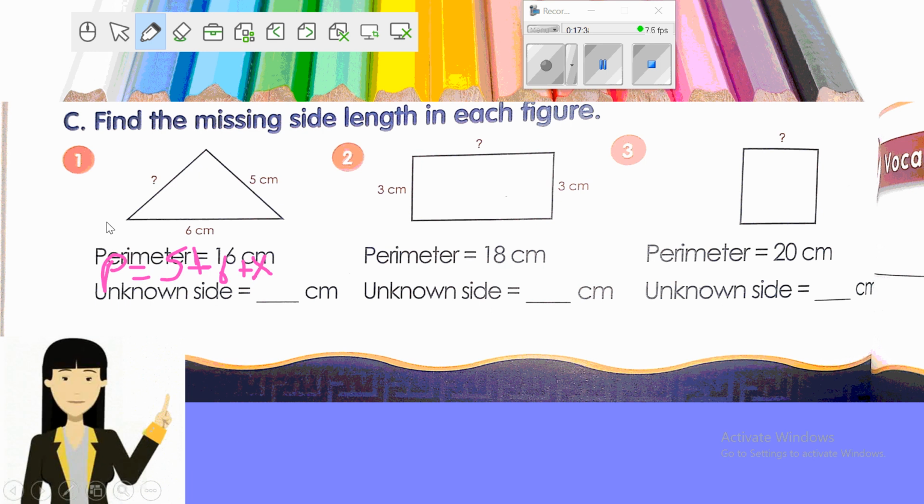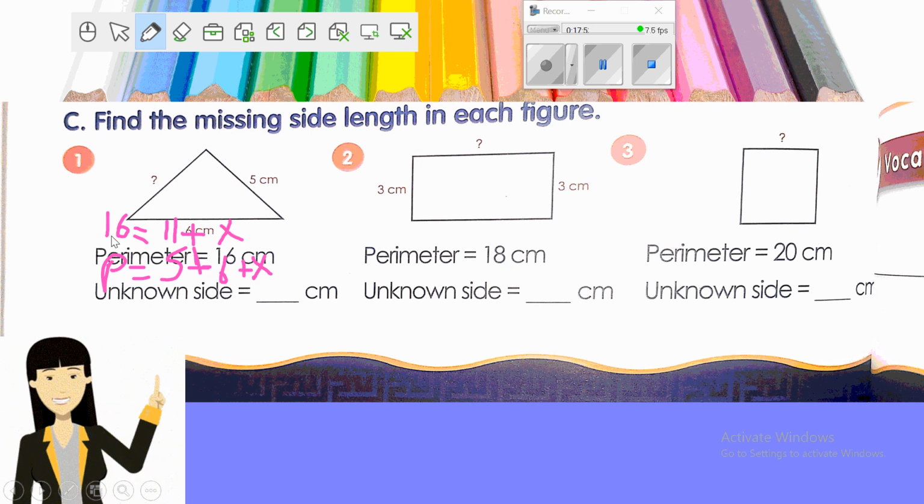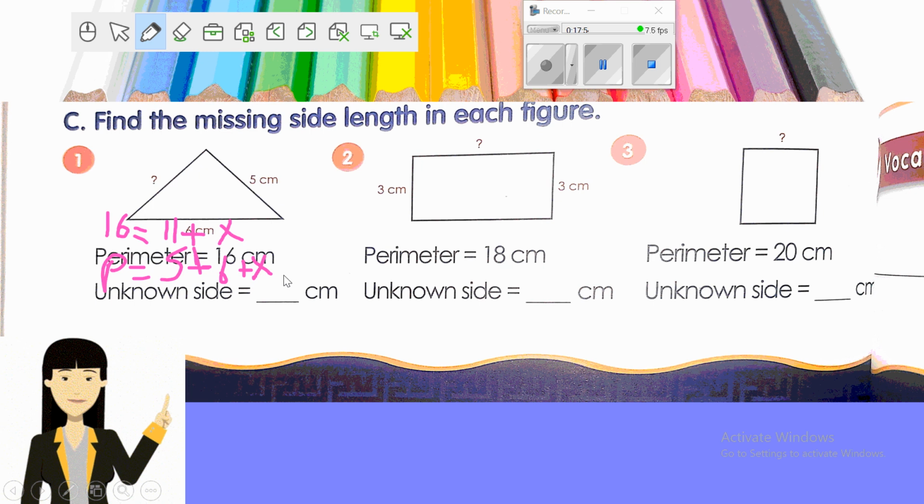But the perimeter is 16, so 16 equals 11 plus x. Now what number do I add to 11 to make it 16? 5.